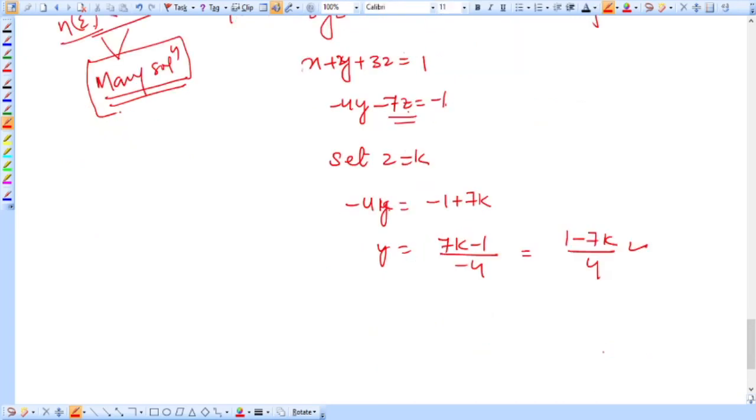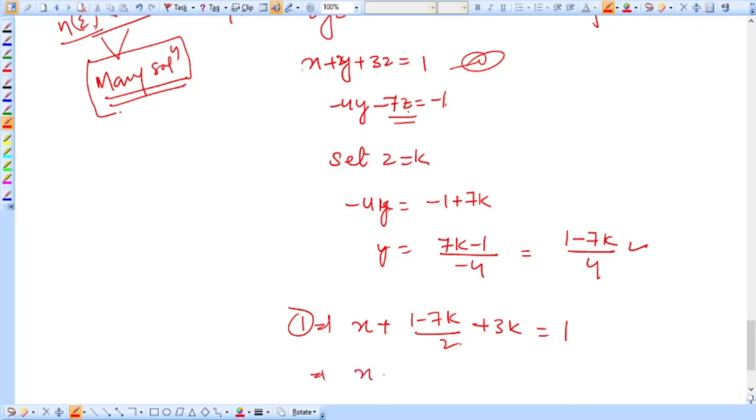Now let us find out x. How to find out x? In order to find x, you will have to put the values of y and z in equation 1, right? So x plus 2 times 1 minus 7k divided by 4, where the 4 gets cancelled with 2, so we are left with this, plus 3k is equal to 1.